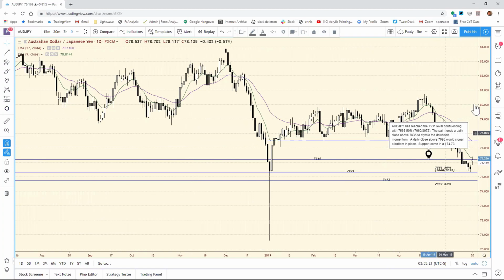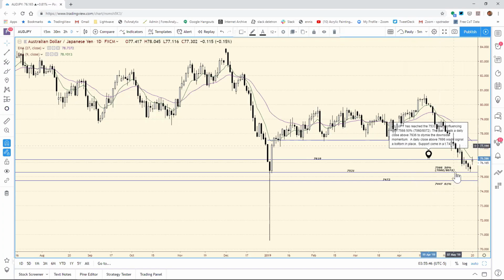And the Aussie yen has reached the 75.31 level. Confluence was 75.66 to 50% of this entire move, 70.60 to 80.72. The pair needs a daily close above 76.36 to stymie the downside momentum. A daily close above 76.96 would signal a bottom is in place. Support comes in at 74.73.